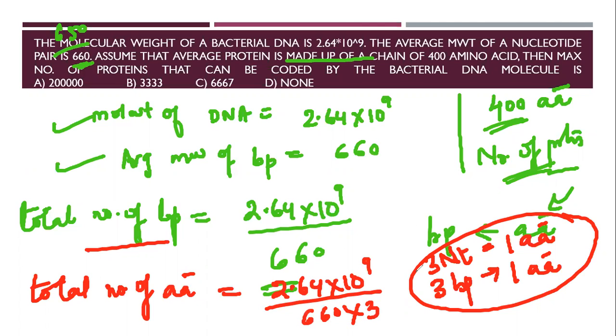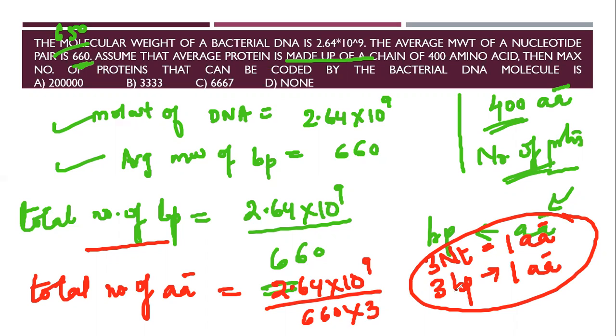Now do this calculation. Take out your calculator. You need to do this: 2.64 divided by 660, then again divided by 3. 264, how many 10 raised to 9 are there?